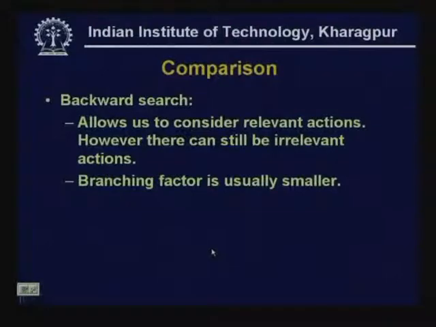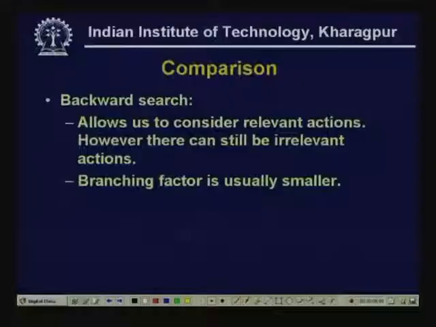If we do backward search starting from the goal, this allows us to consider relevant actions. However, in backward search also we can have some actions which are irrelevant, in the sense that we could not have arrived at their preconditions starting from the initial state that we have. Backward search is also called regression planning.